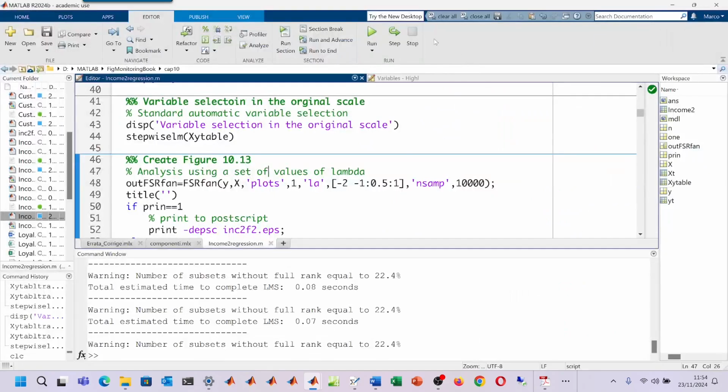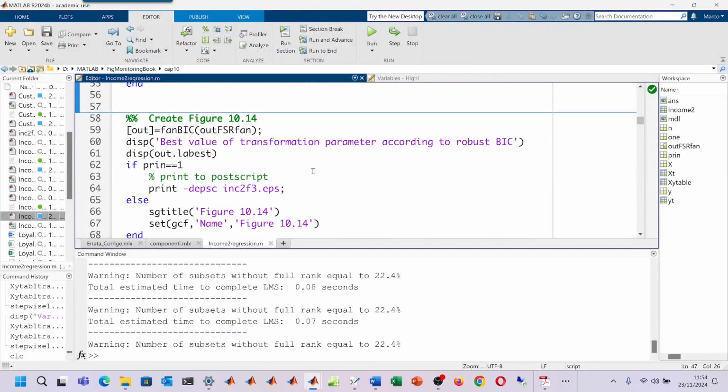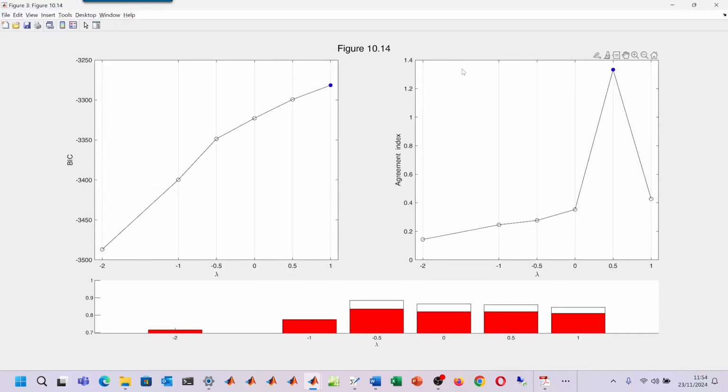Let us see if with our automatic procedure for transformation we can say something more. The BIC suggests 1, which is the boundary that we're looking at in this search, and the other plot suggests a value of 0.5.